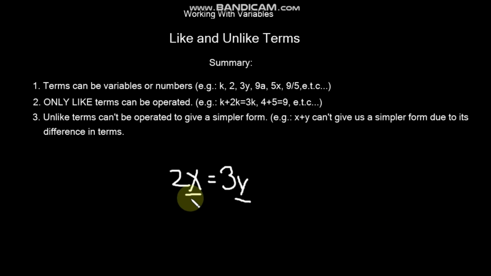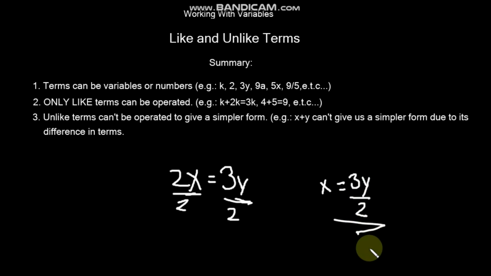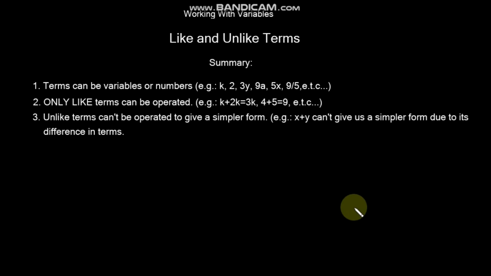For example, if I want to know the value of x, all I have to do is divide by the coefficient 2. So x gives us 3y over 2. So if we want to know either of the variables' value, there must be an equal sign. But we may find the value of the number in some conditions. So let's go to the next category.